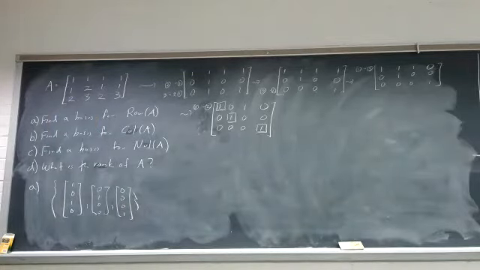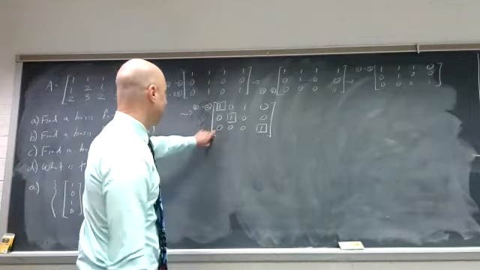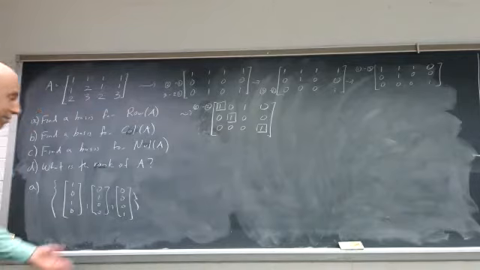That was pretty straightforward. Just take the non-zero rows of your reduced echelon form. Non-zero rows of the echelon form would also work. We might as well just use reduced echelon form. I mean, do it either way.